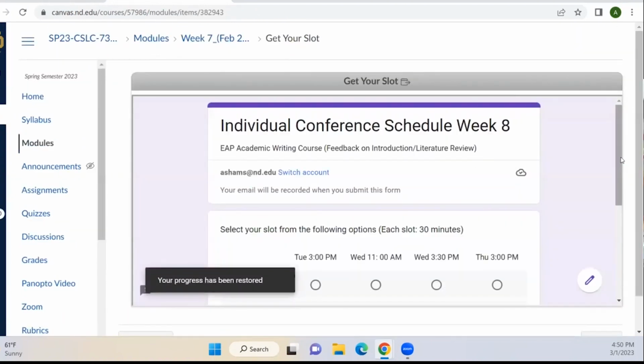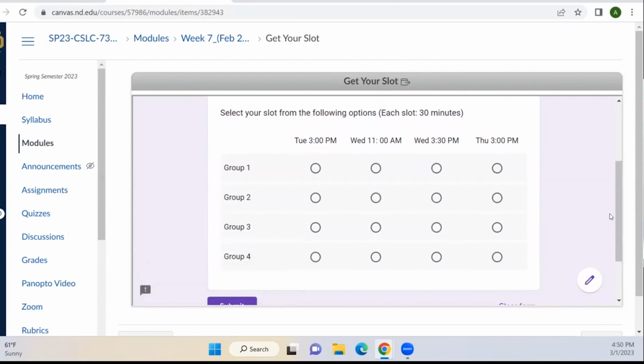So when I click here, this is what you'll get. So you can choose any convenient time of yours. If you're not free at all, email me, we'll find a convenient one. I don't mind having this scheduled on Friday also. If you're not free on Tuesday, Wednesday, Thursday, but we'll find out something.